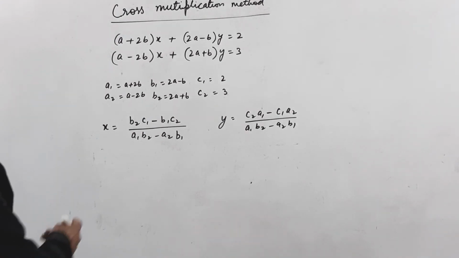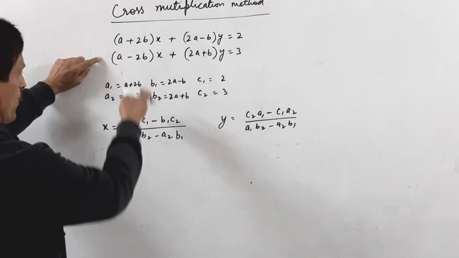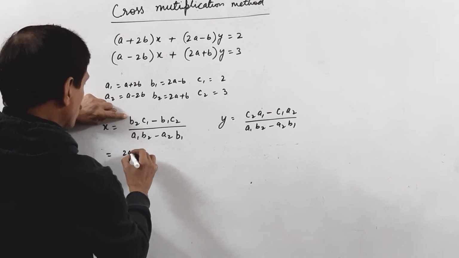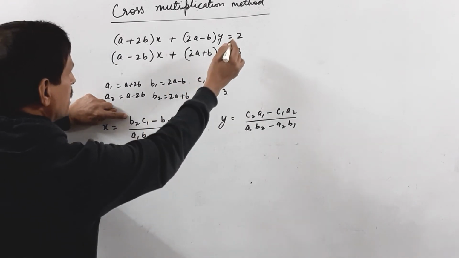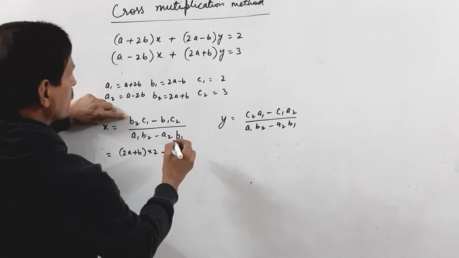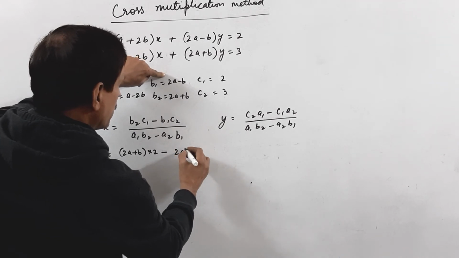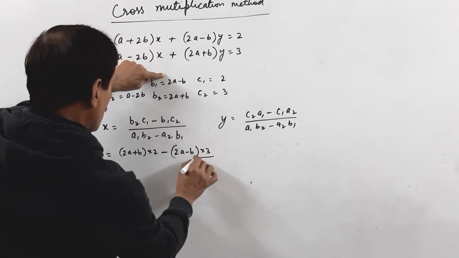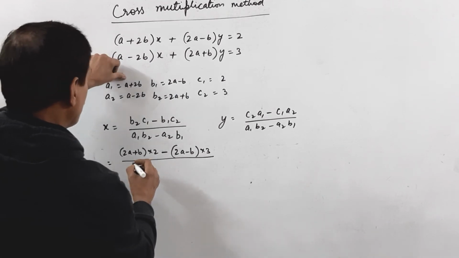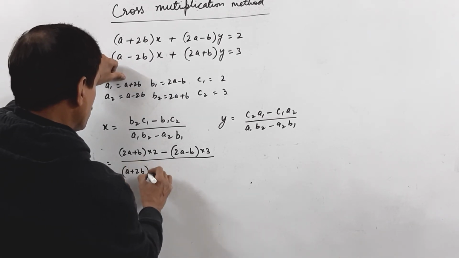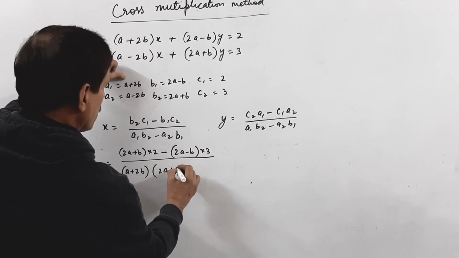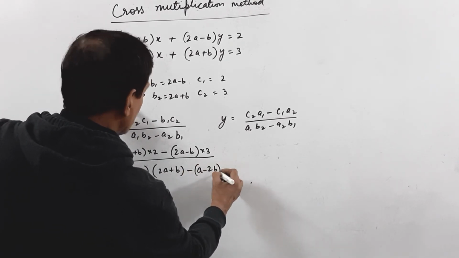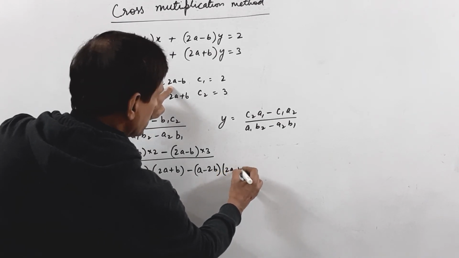Then we use the formulas and replace the values of the coefficients in the formula. b2, that is 2a plus b, and c1 is 2, minus b1, 2a minus b, into c2, that is 3, upon a1, a plus 2b, into 2a plus b, minus a2, a minus 2b, and this is 2a minus b.